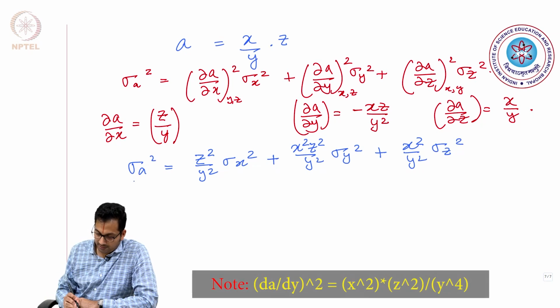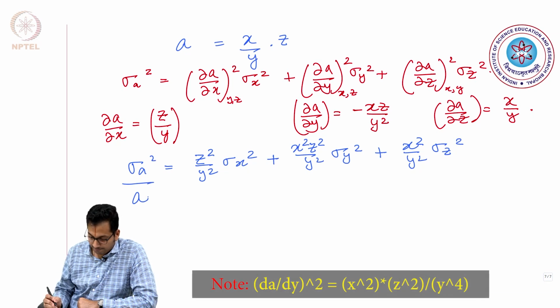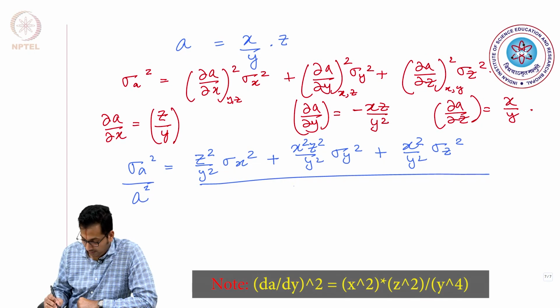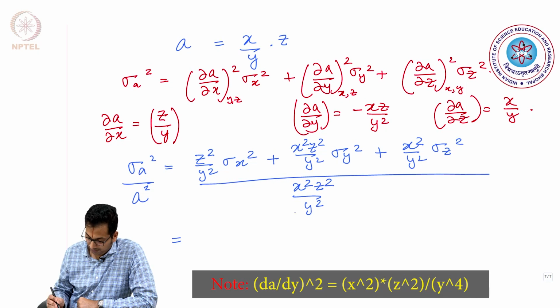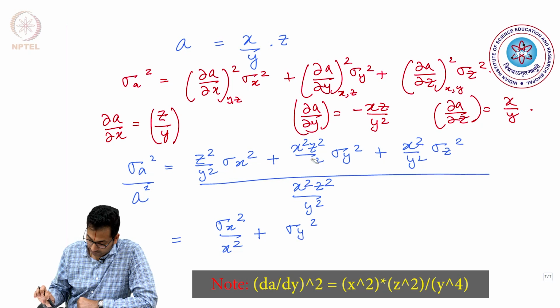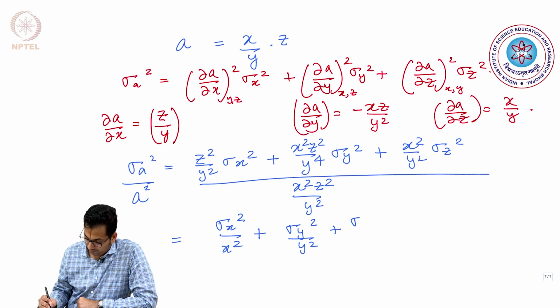So, let us divide the entire term by A, or even A square. What will end up happening is, divided by x square z square by y square. Immediately one is able to realize that when we simplify this, it is going to be sigma x square by x square plus sigma y square by y square plus sigma z square by z square.